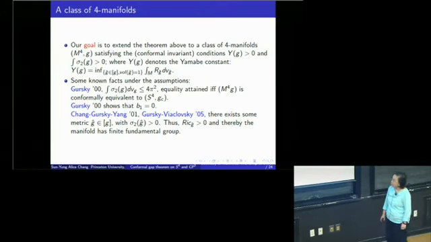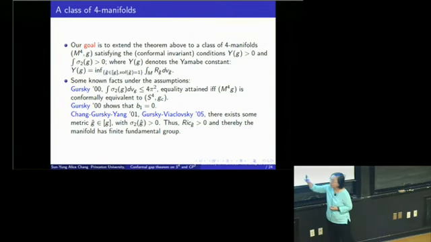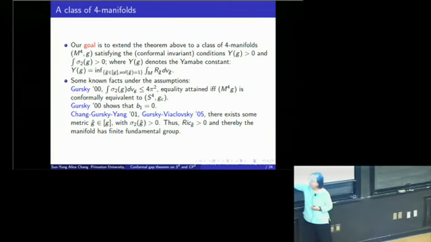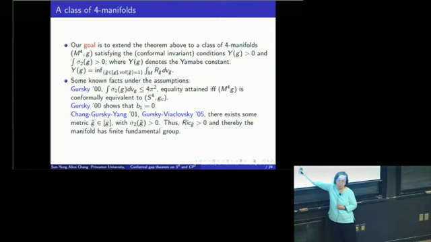And then we also noticed that these two conditions added up did give some topological information on this class of 4-manifolds. One condition is that the first Betti number is going to be 0. And the second condition says that under this invariant condition, these two constants positive, actually using this PDE method, we know in the same conformal class, we find a metric whose scalar curvature is positive and sigma 2 is positive.